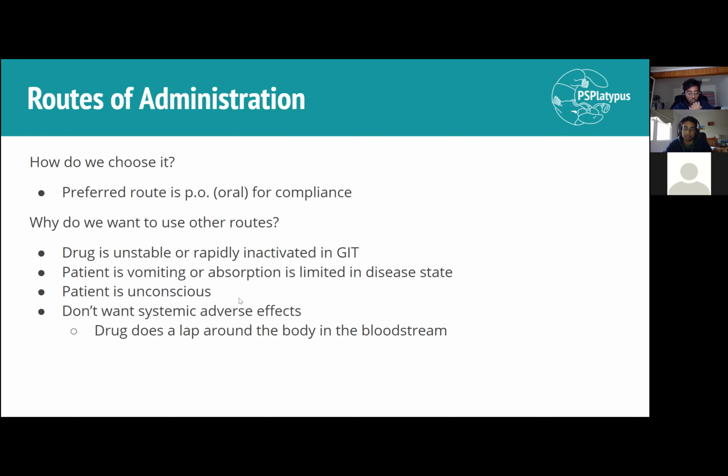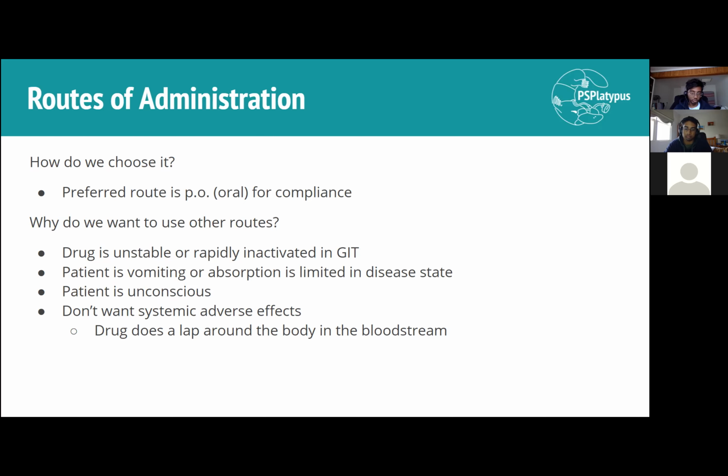And we have a lot of different types of routes, but how do we actually pick the route, right? Typically, we want to do oral for compliance because it's just easier to do and track, especially for patients. But there are a lot of other reasons why we would do other routes. So for example, we wouldn't do PO if the drug is rapidly inactive in the GIT system, if the patient's vomiting, and because of whatever disease state they're in, absorption is limited, we can't do that.